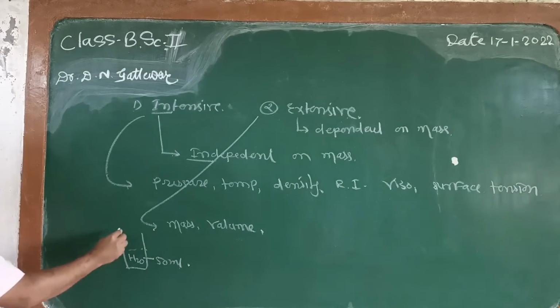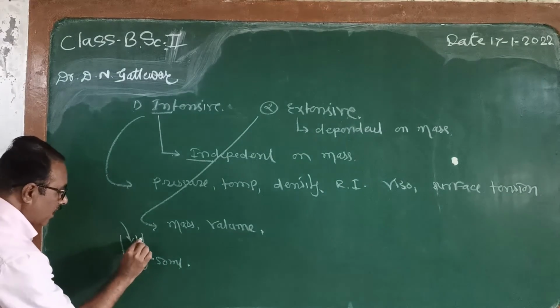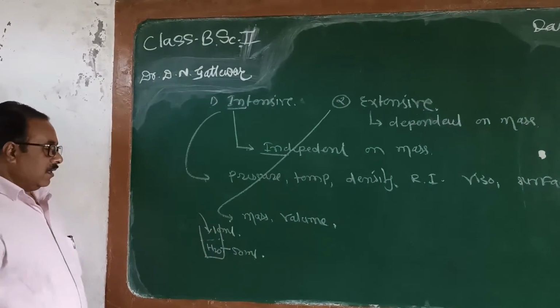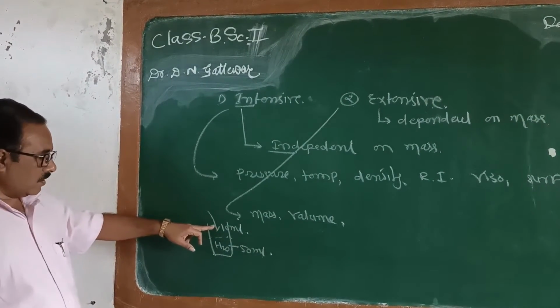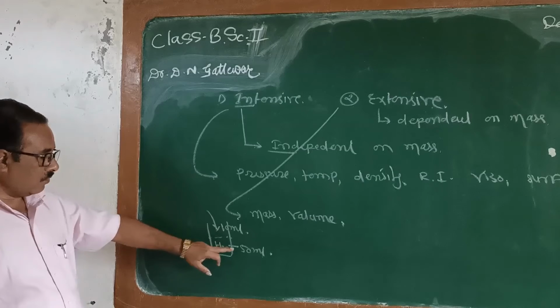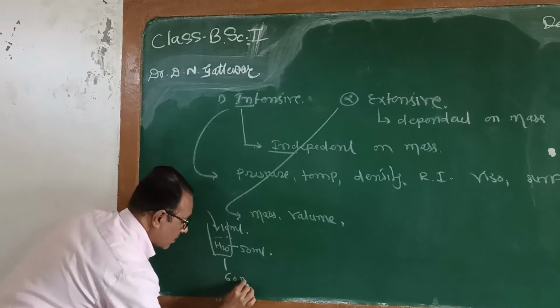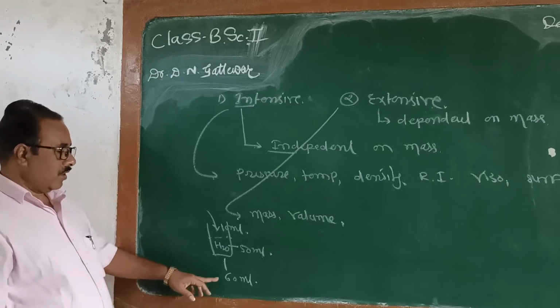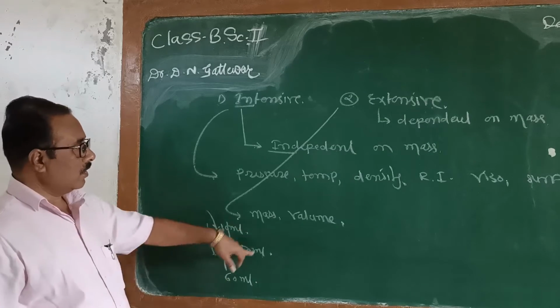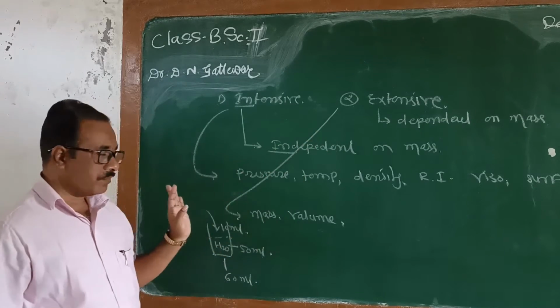If you add another 10 ml of water, there is a change in mass, so it will become 50 plus 10, 60 ml. There is a change in the volume, therefore this belongs to the extensive property.